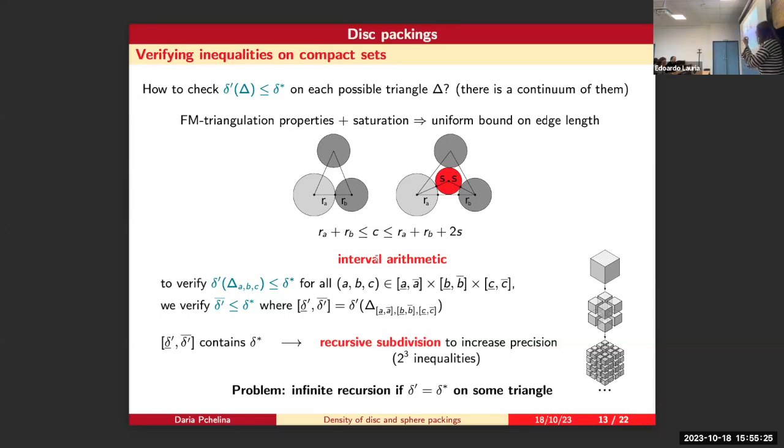And if we have at least one triangle like this, our subdivision will go again and again, in an infinite recursion, because with intervals we always have a little bit of non-precision, and we will never stop. So we should resolve this case.